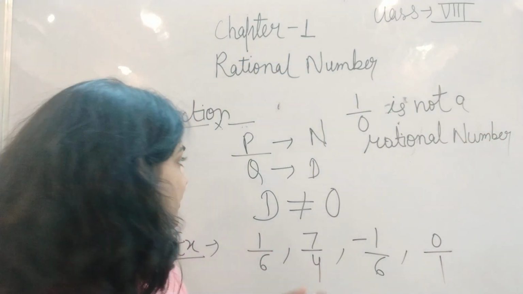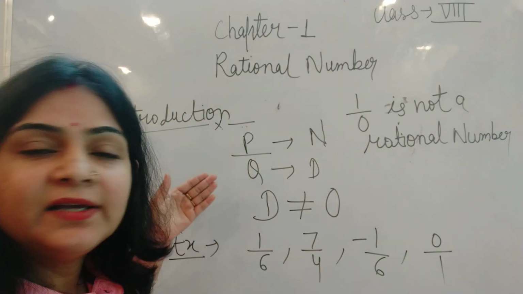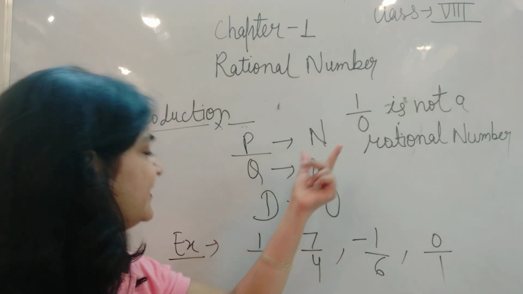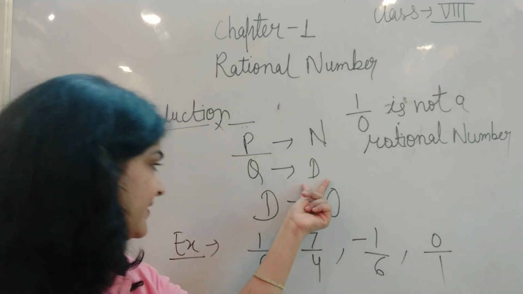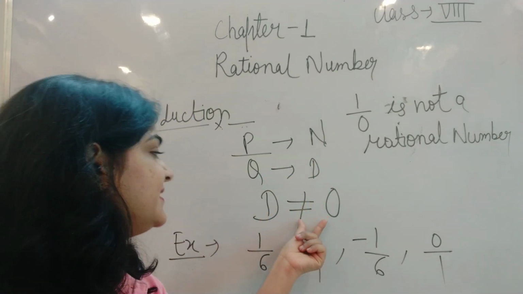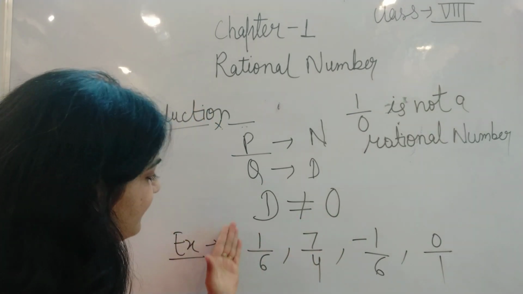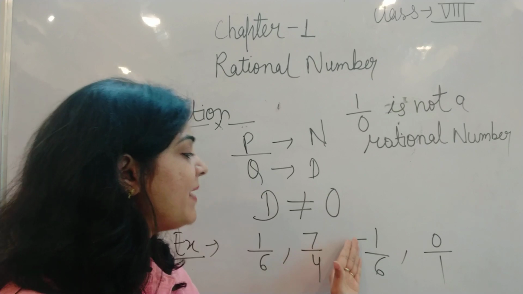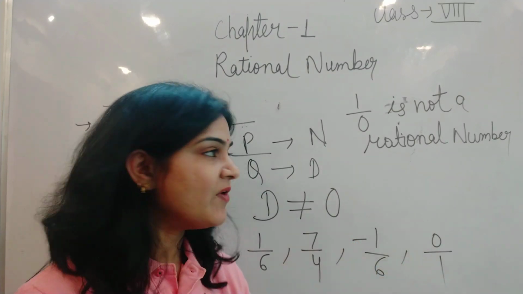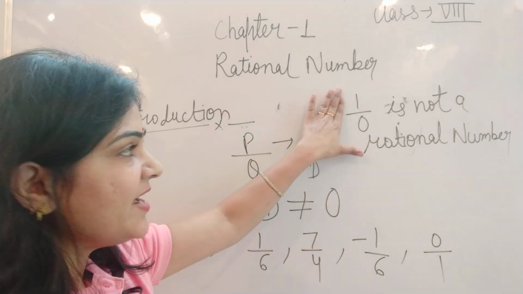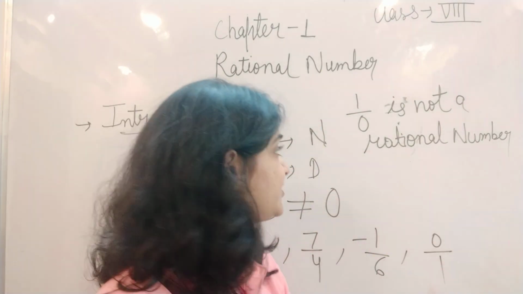Rational numbers are those numbers that can be expressed in the form of P by Q, where P is the numerator and Q is the denominator, and the denominator does not equal 0. For example, the rational numbers 1 by 6, 7 by 4, minus 1 by 6, 0 by 1 are rational numbers, but 1 by 0 is not a rational number.